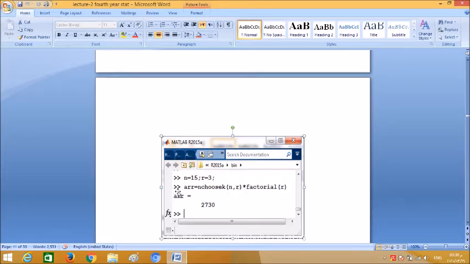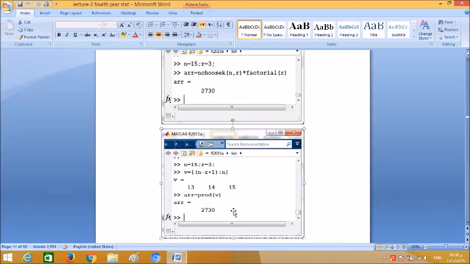So NPR, or permutations, equal n choose k multiplied by factorial r, or r factorial. Okay, so this is the same as NPR equal NCR multiplied by n factorial.